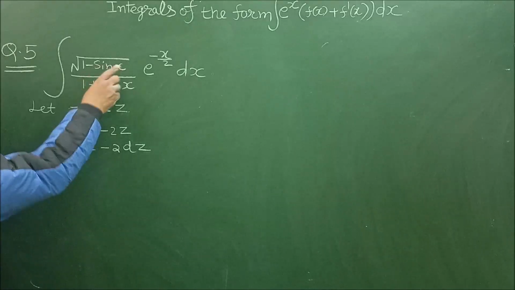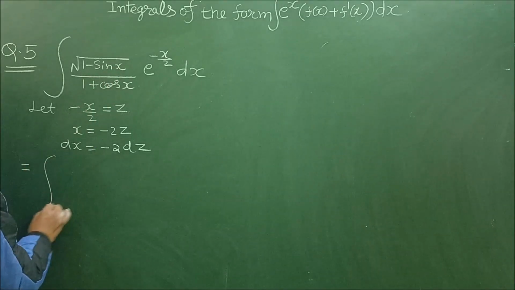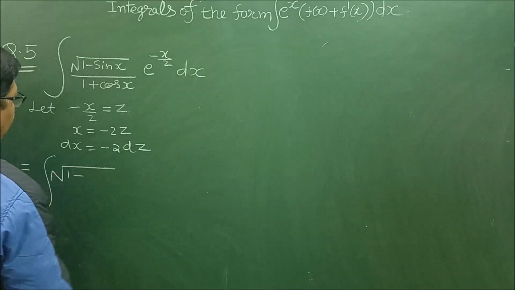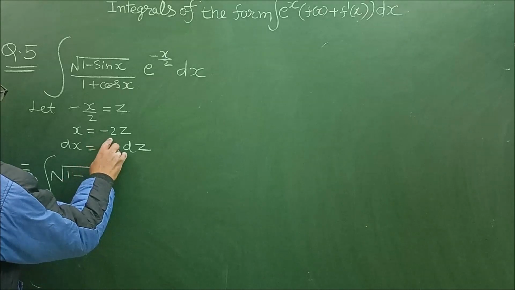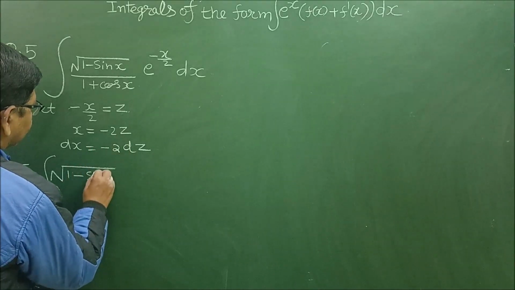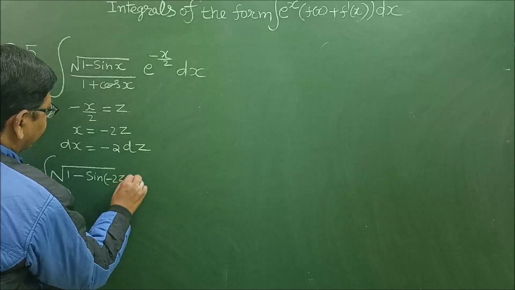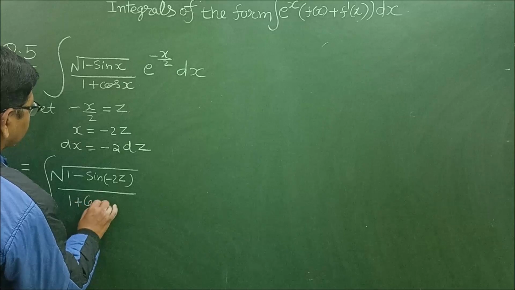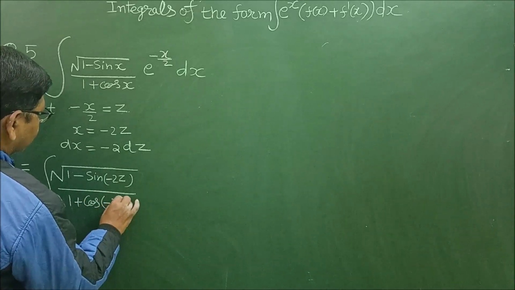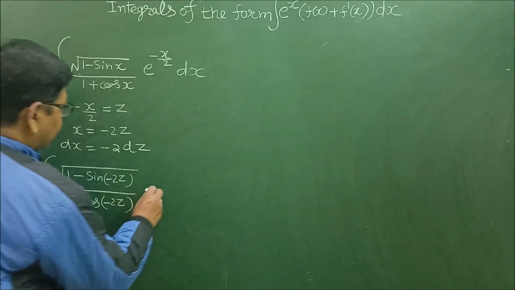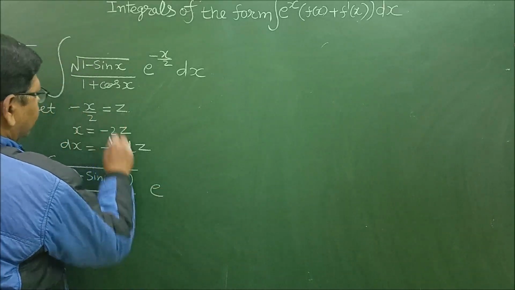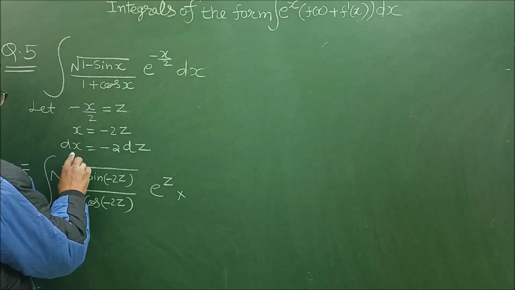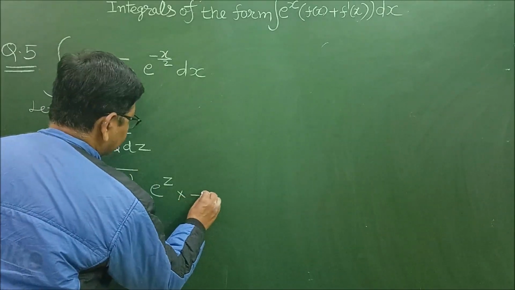Now substituting the values here in the given integral, this integral reduces to square root of (1 minus sin of minus 2z) upon (1 plus cos of minus 2z), e raised to the power z, and dx will be replaced by minus 2 dz.